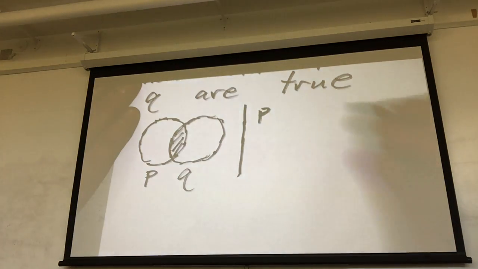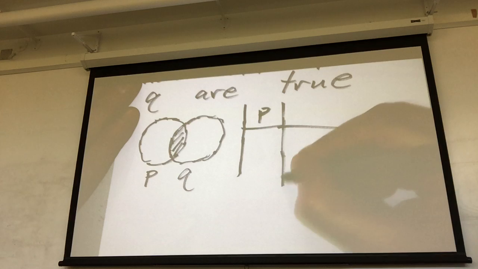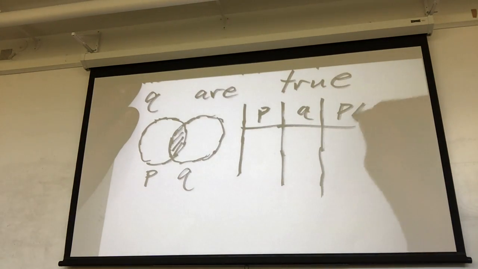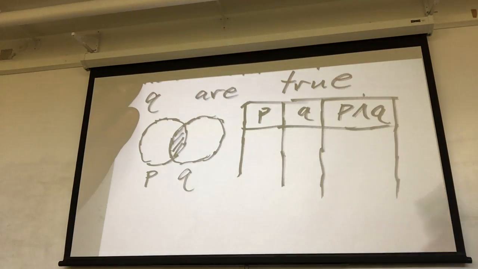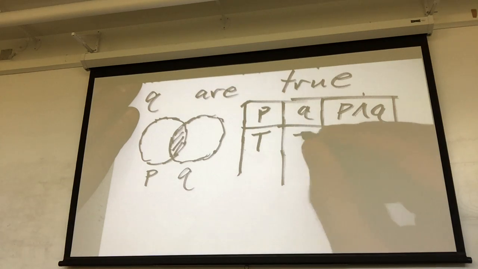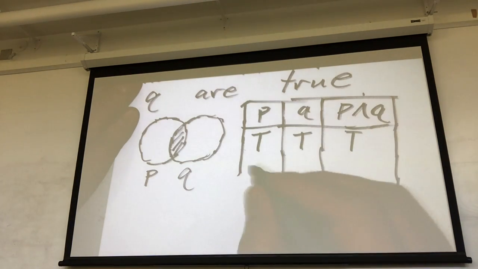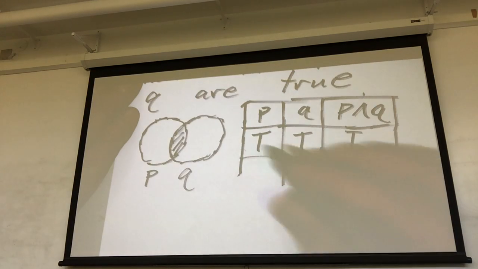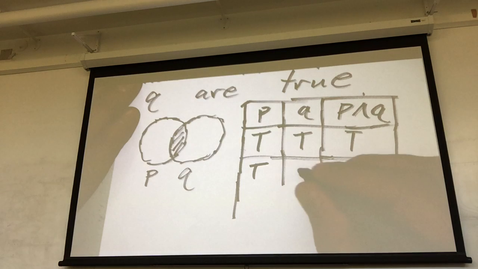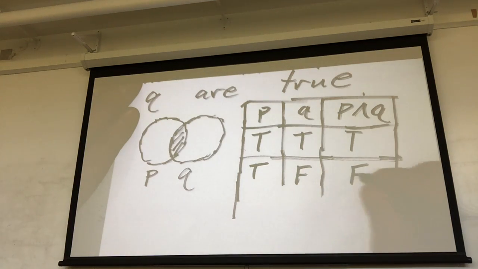So P, Q, now P and Q. Okay, now we'll start off with, let's say both of them are true. So if P is true and Q is true, well, then yes, P and Q is true. Now, if P is true and Q is false, they're both not true. So P and Q is false.